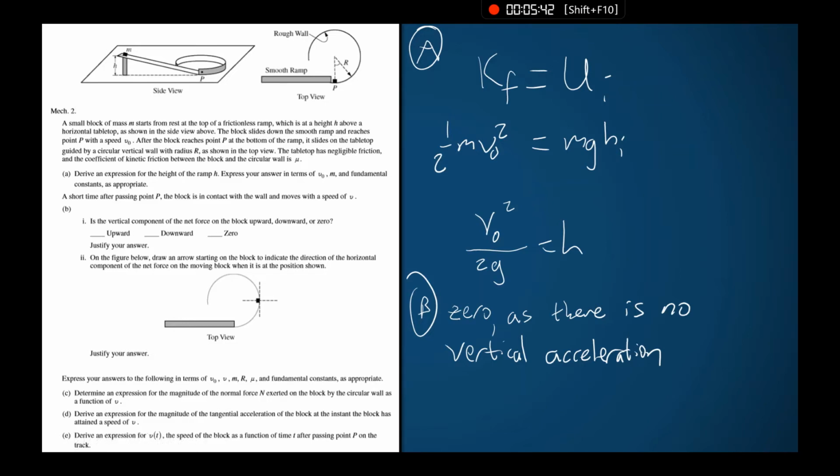Then for part 2, on the figure below, draw an arrow starting on the block to indicate the direction of the horizontal component of the net force when it's at this position here where the coordinate plane is. So what should I draw? We're just looking at the horizontal components, because we've got a top-down view. We're going to draw the net force, but there is a normal force acting on it, and then what else?